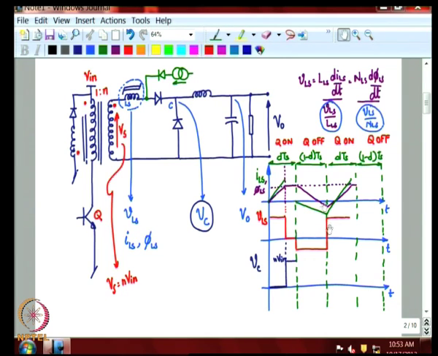However, the starting point can be different for the flux.